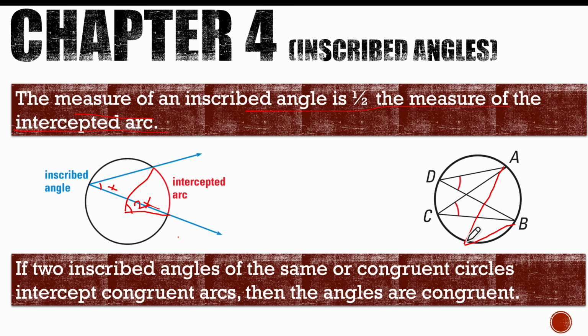On the same side, if you draw any number of angles at the edge of the circle, any inscribed angle from the two points of an arc will always be equal. And they would be half of the measure of AB. Any inscribed angle would be half of the measure of that arc.